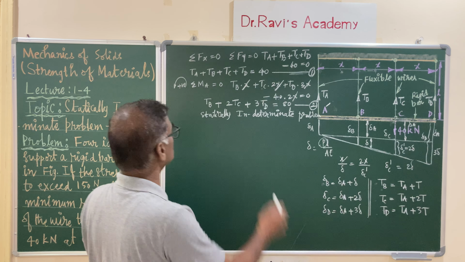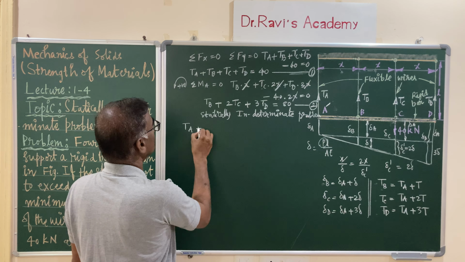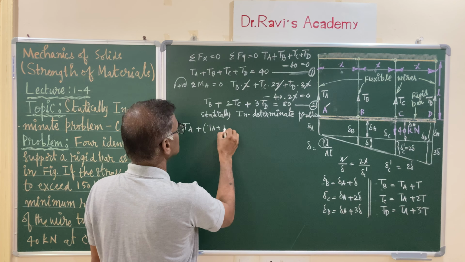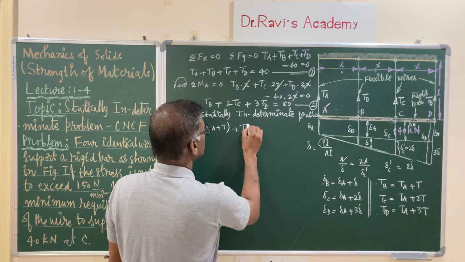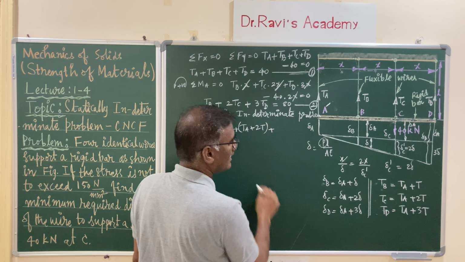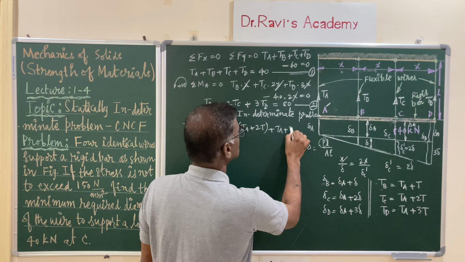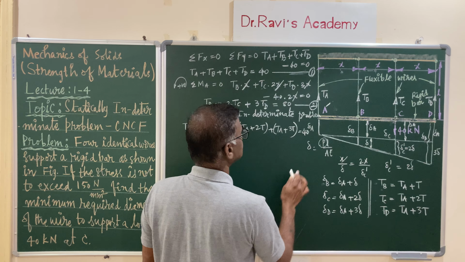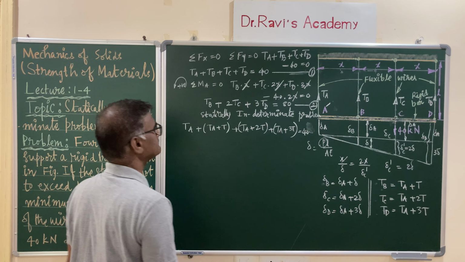Let us substitute in equation 1: TA plus TB, which is TA plus T, plus TC, which is TA plus 2T, and TD, which is TA plus 3T, is equal to 40.